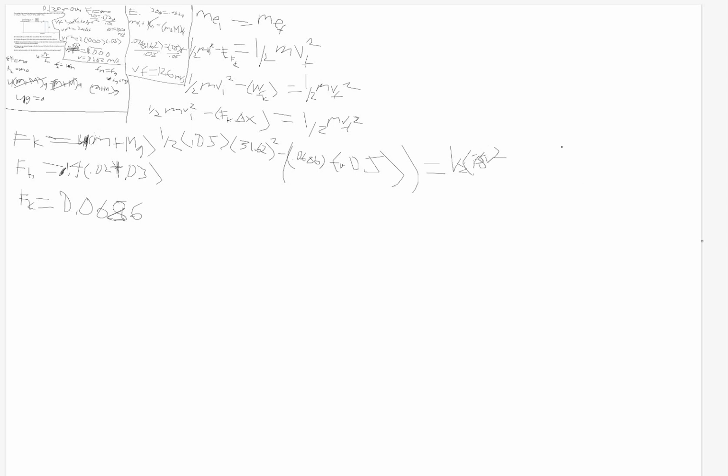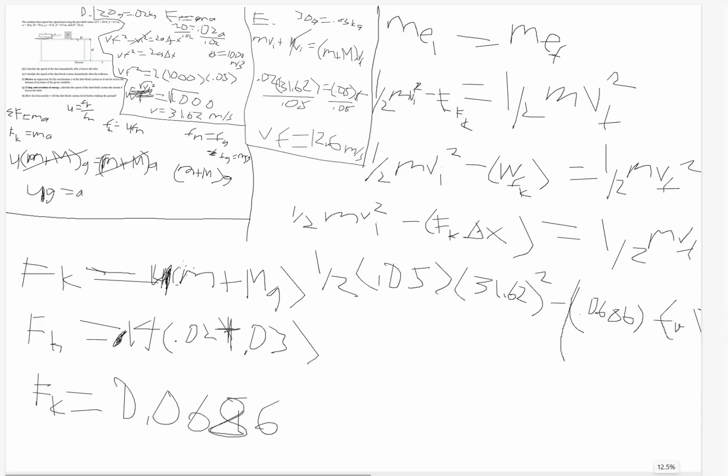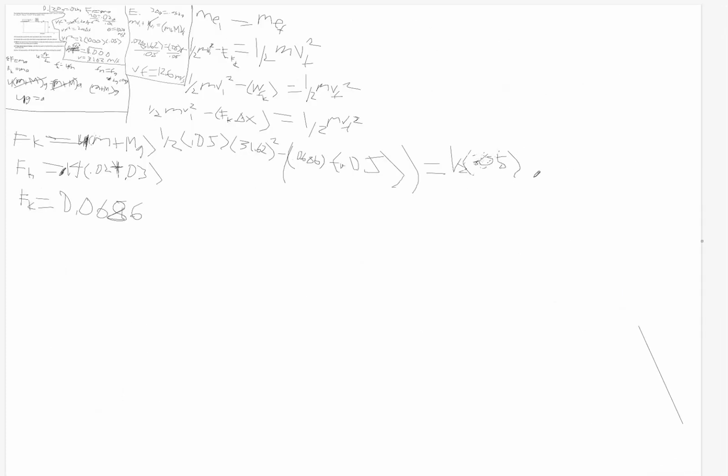Okay, I messed that up. Please ignore the bad handwriting. 0.05. There we go. The final, which is what we're trying to find, squared. And then now it's just basic algebra.